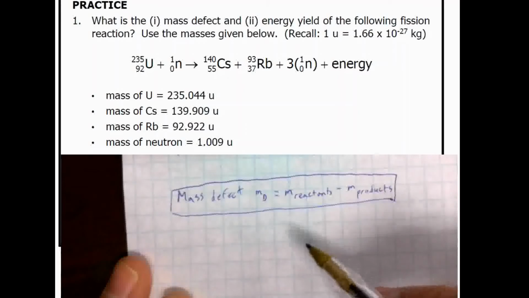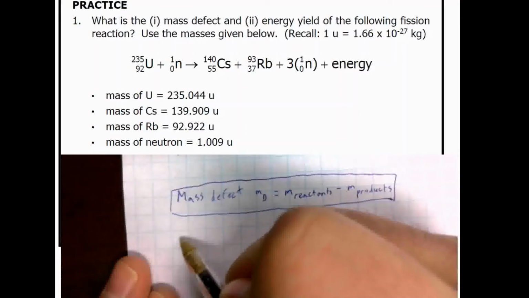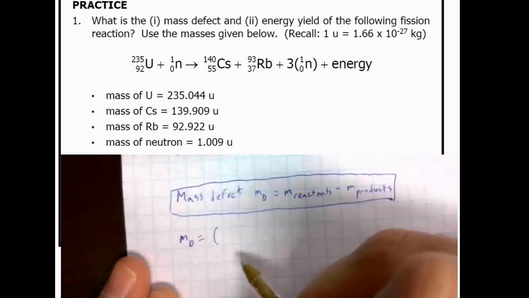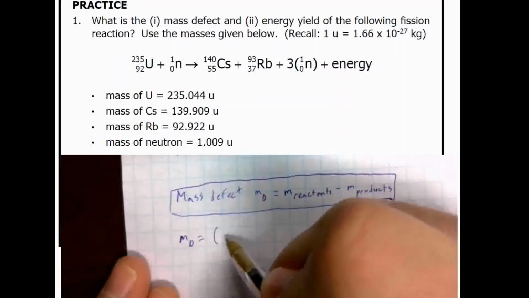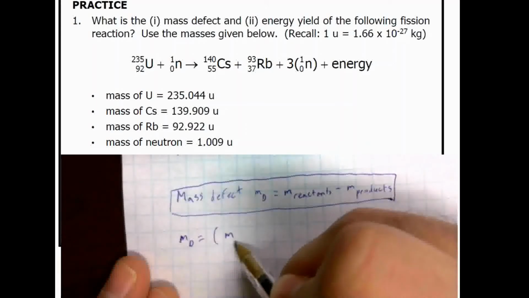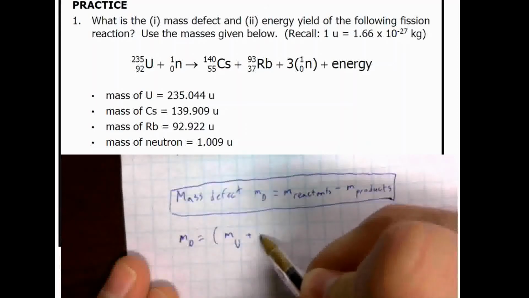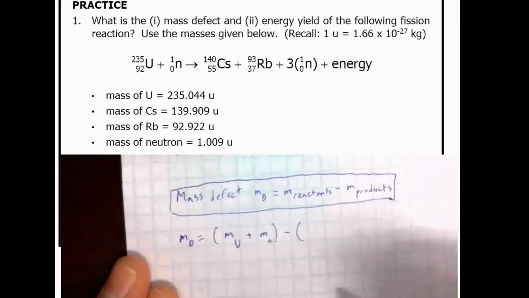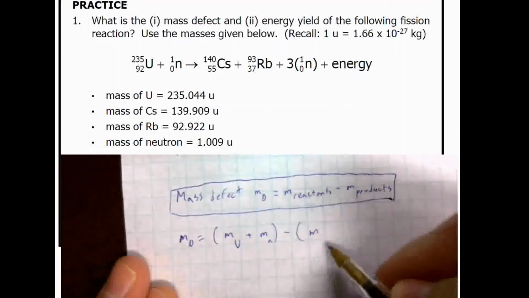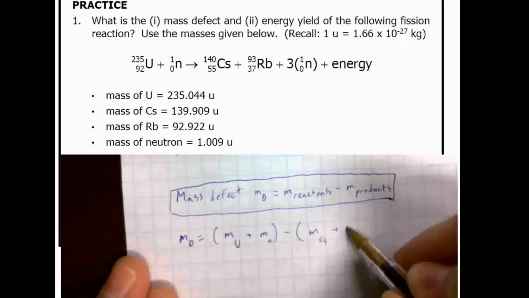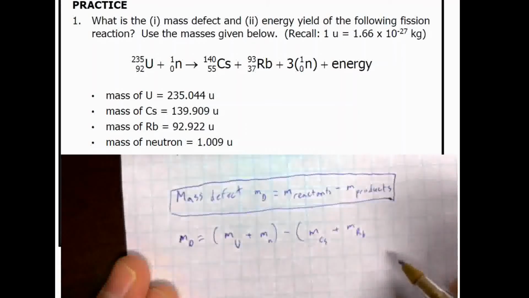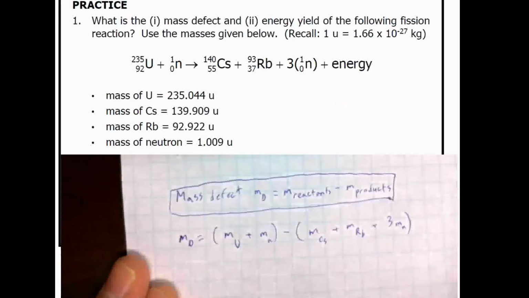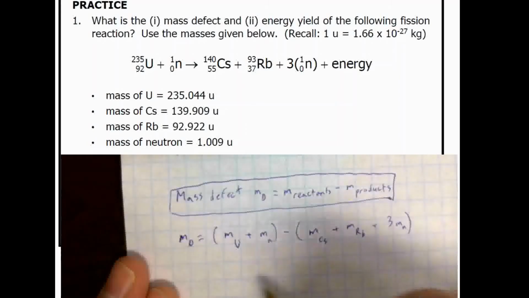So for this question, my MD is the mass of my reactants, MU plus Mn for the neutron, minus the mass of my products, which is MCs plus MRb plus 3 Mn, because we have 3 neutrons on the right side.